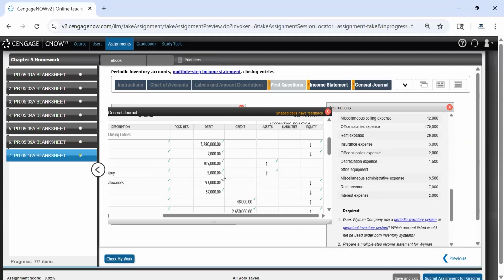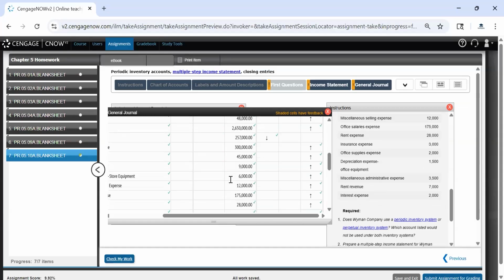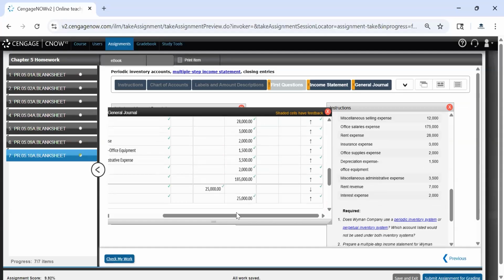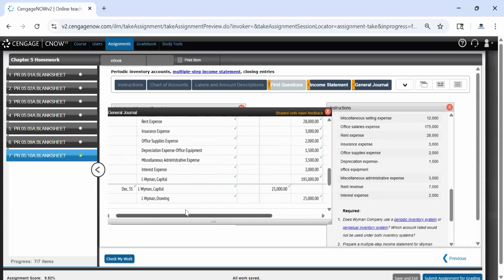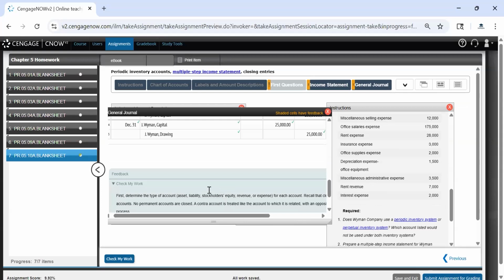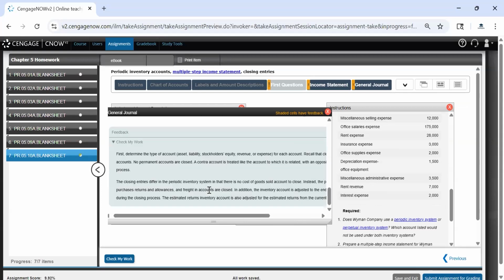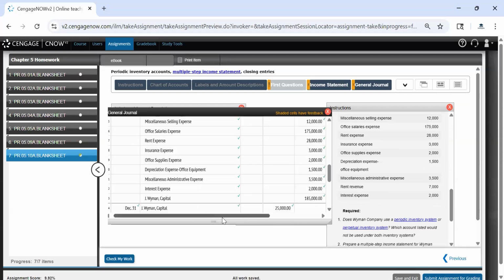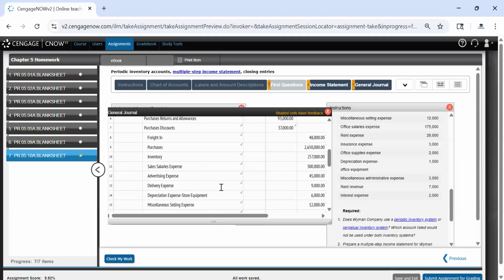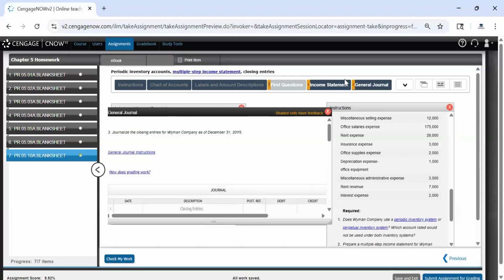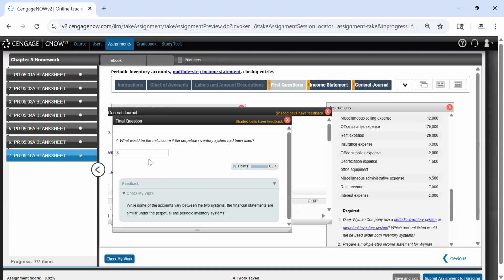That is the difference in our debits and our credits, and also that's the amount that needs to be closed out to the capital account. And that's it. We got 100% for this portion of the homework for all of our closing entries. On to the final question.